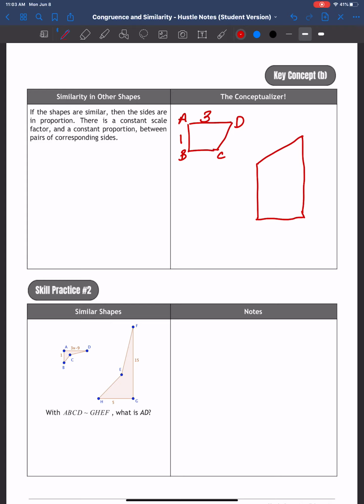And so, if you look carefully, 5x minus 7 is the same side as your 1.